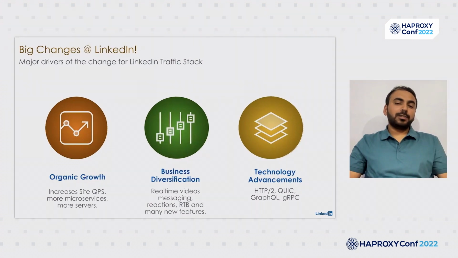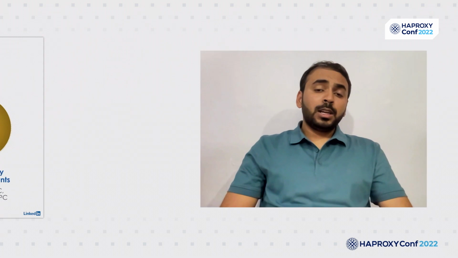All these modern features are coming up. This is also important for LinkedIn's traffic stack because we need to keep up with the pace of the industry, and we have to be ready for all these modern features, and the stack needs to evolve or be updated in order to support them.